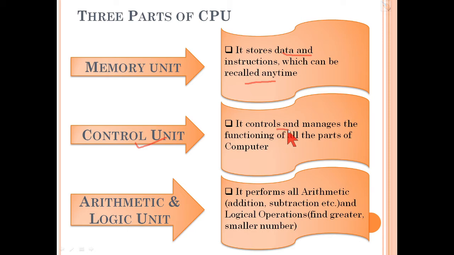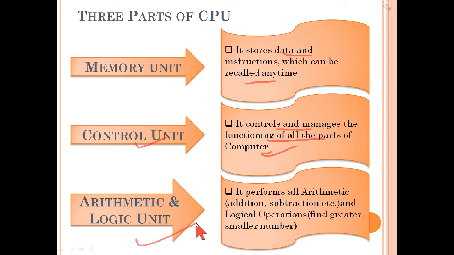It controls and manages the functioning of all parts of the computer also. Whatever devices we attach to the CPU, like keyboard, mouse, printer, monitor, scanner, webcam, or any other device, it is the task of the control unit to control all the devices and the work also.